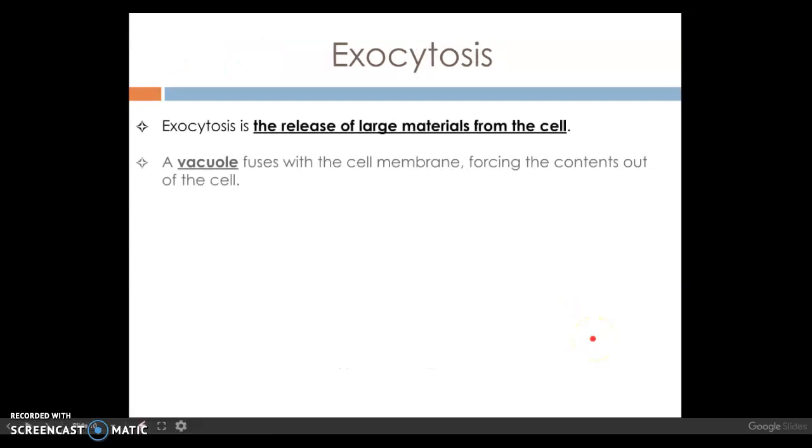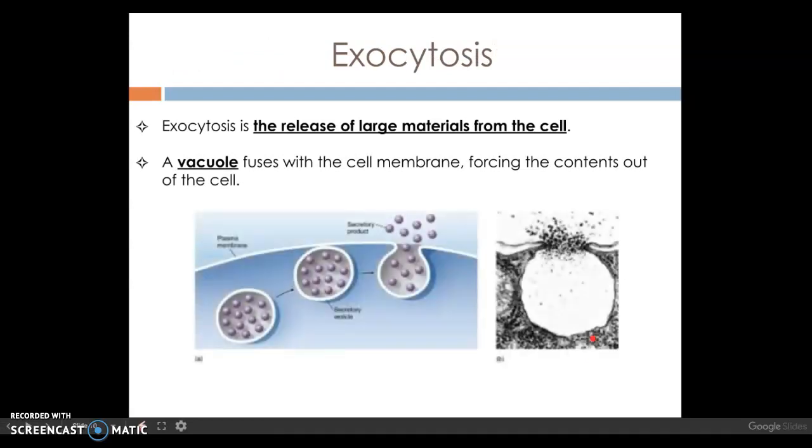The other example of active transport is going to be exocytosis. Okay, so whereas endocytosis is coming into the cell, exocytosis, just like it sounds, is things exiting the cell. Exocytosis is the release of large molecules. Okay, so they cannot pass through the membrane, but they do need to leave. And what happens is the waste particles are in a vacuole.